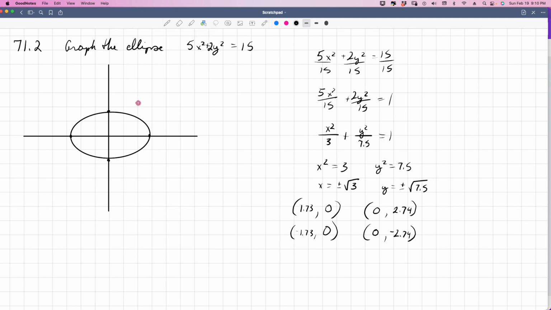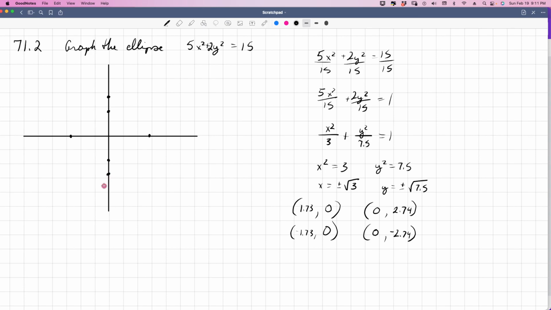Okay, so how did Miss Tracy do it wrong? Because I did it backwards. It should be, x is 0, y is 2.74, so that should be here and here.